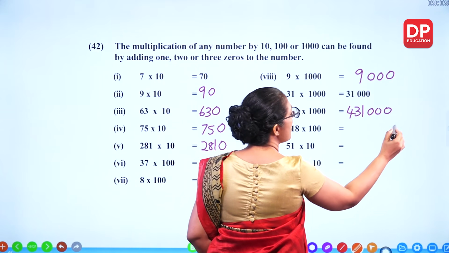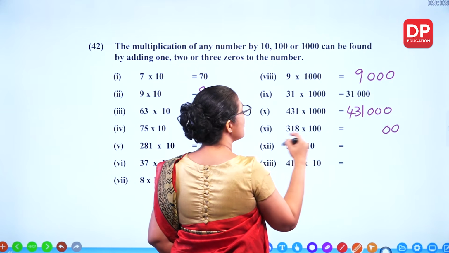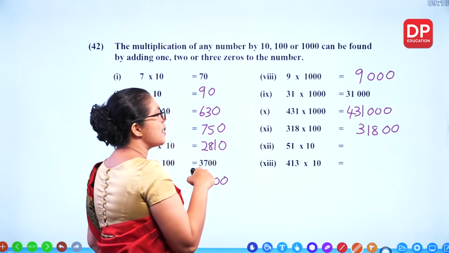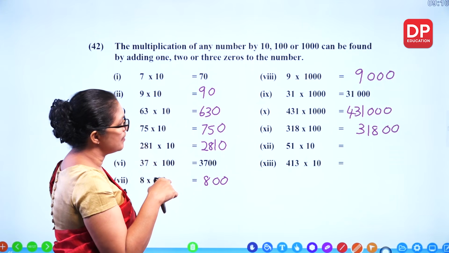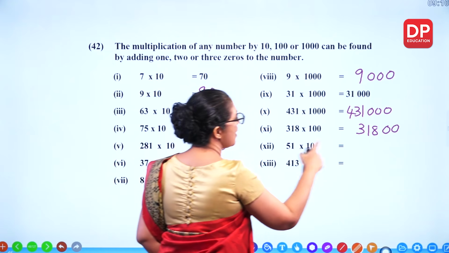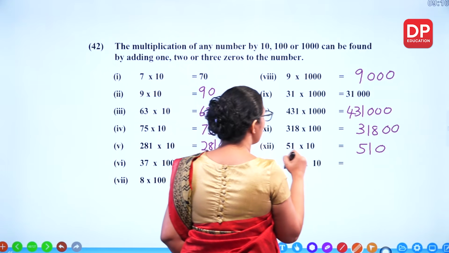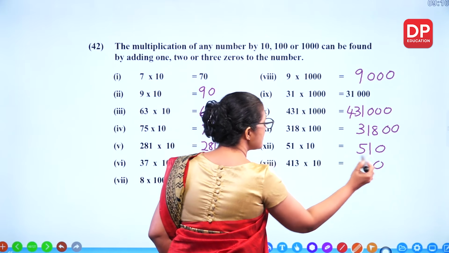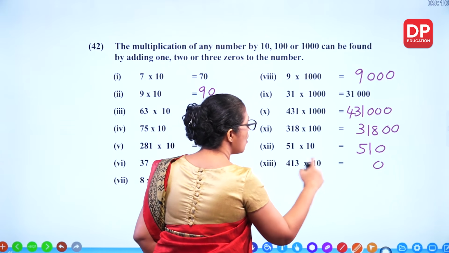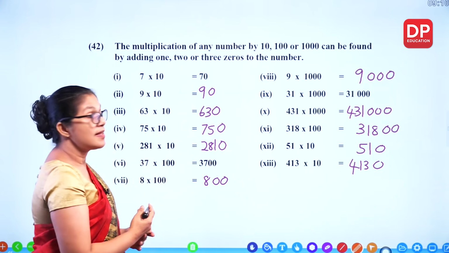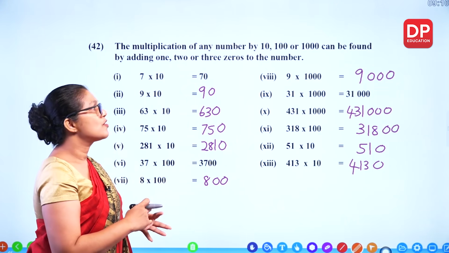Here, multiply by 100 means put 2 zeros. 318 times 1, 318. Multiply by 10 means put 1 zero and multiply by 1, 51. Put here 1 zero and multiply by 1, 430. So it's easy when you get multiples of 10.